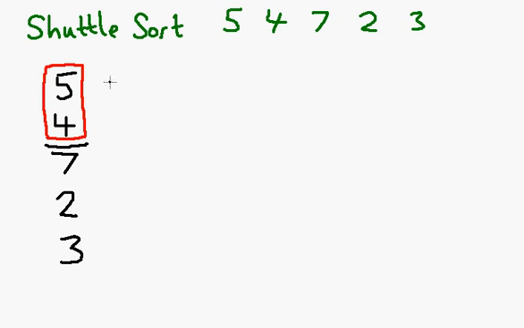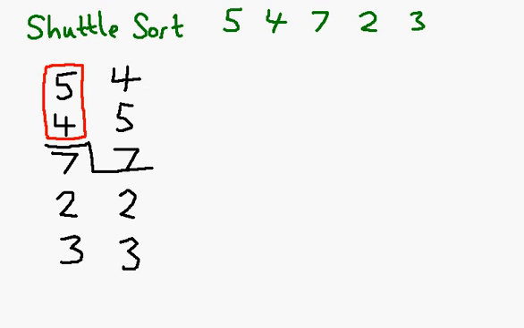Now 5 and 4 need to be swapped around. So I wrote 4, 5, 7. Now, in my second pass, I'm going to be looking at 4, 5 and 7.